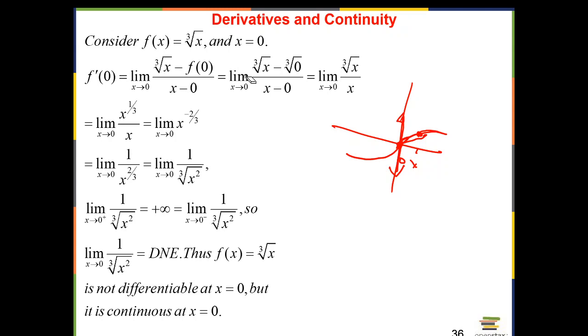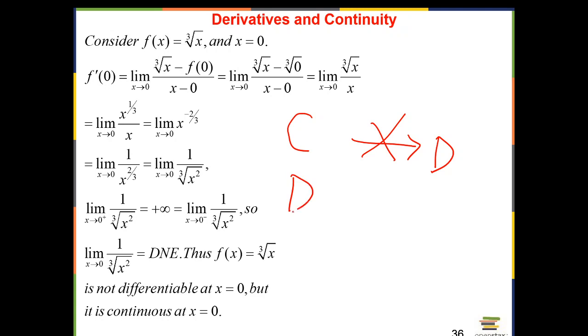That means this function is not differentiable at 0, but it is continuous. So that's another example to refute the idea that continuity implies differentiability. It doesn't. So if a function is continuous, we can't say for sure that it's differentiable.